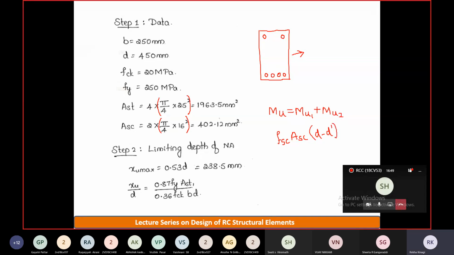Already this equation is given in IS 456 Annexure G. So Mu2 is equal to FSC ASC into D minus D dash.